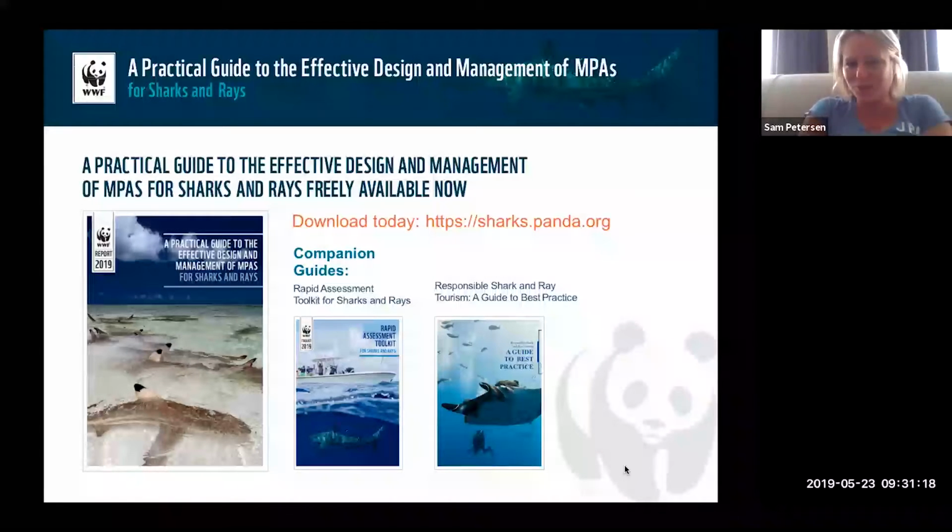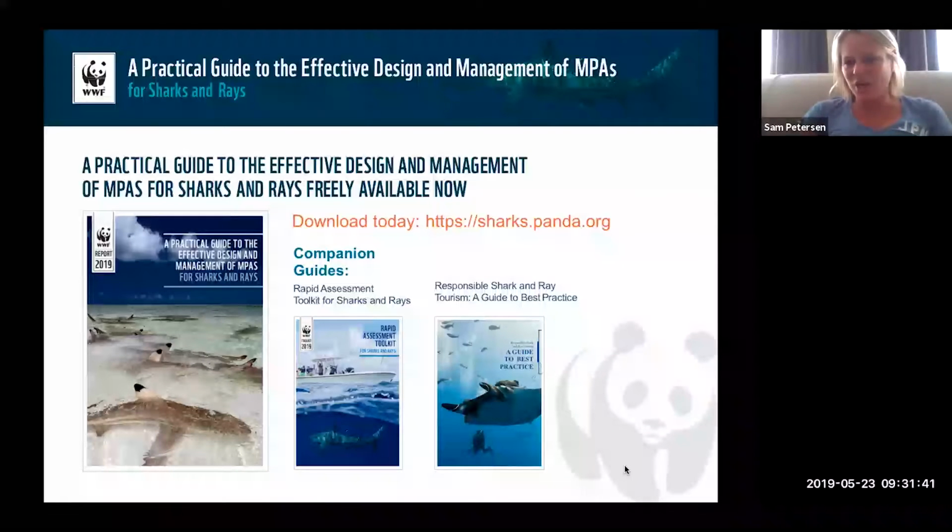And a real struggle in South Africa is to measure effectiveness, but also to justify marine protected area existence, because we can't prove that they're effective. Because you can't prove they're effective when you don't have any goals to measure them against. So I think this is a really big challenge.